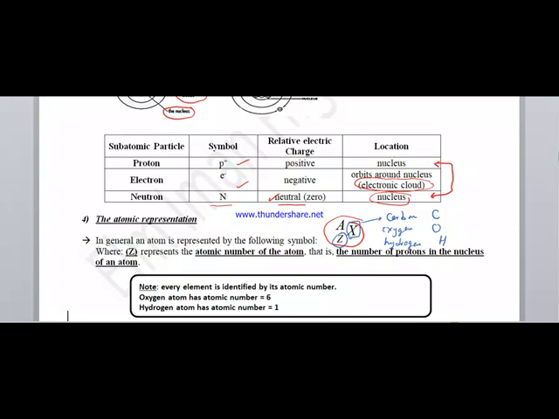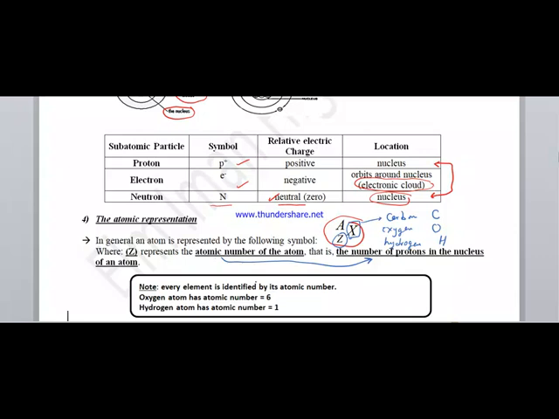Z is the atomic number. The atomic number represents the number of protons in the atom. Every atom has its own atomic number, or every element is identified by its atomic number.